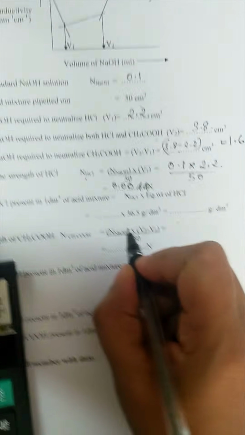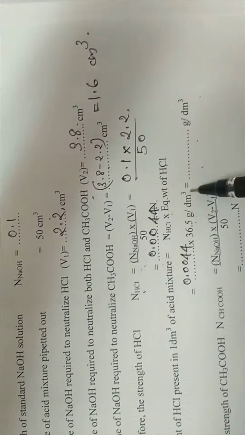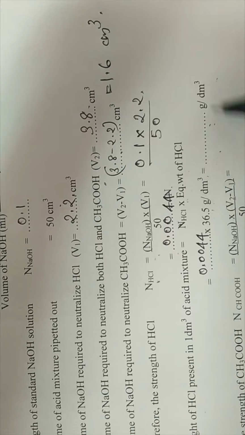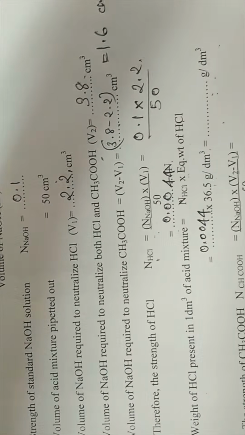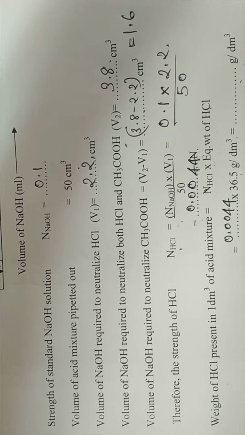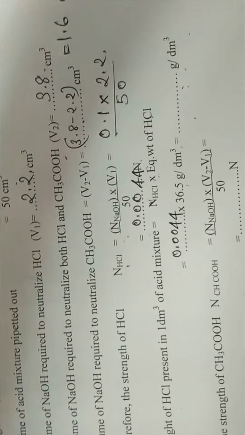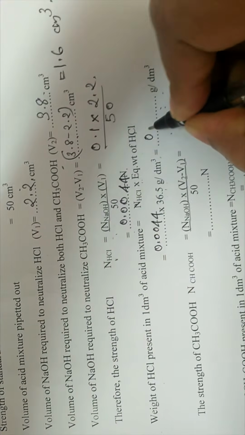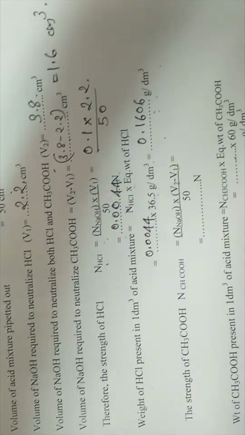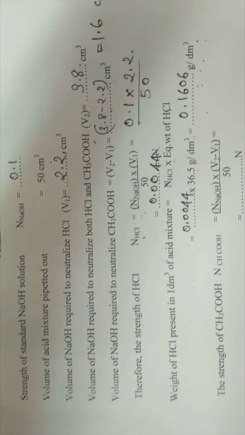So this 0.0044 multiplied with the equivalent weight of HCl will give the weight of HCl present in the given acid mixture. It is coming as 0.1606 grams per dm cube.